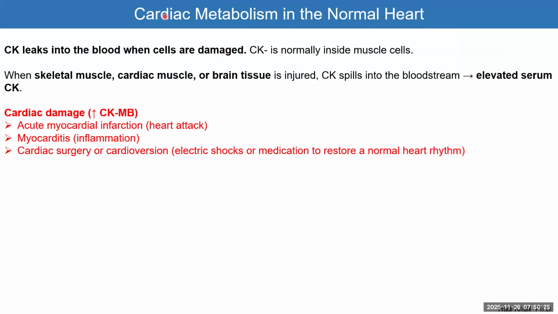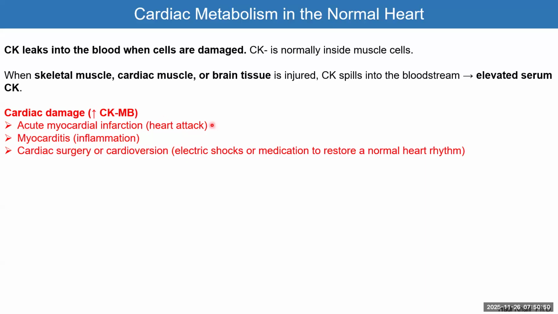Now, creatine kinase leaks into the blood from the damaged cell, as I said, and it's elevated in the serum. Bear in mind that there are a few forms of creatine kinase. There is a skeletal muscle form, a cardiac muscle specific form, and a brain specific form. So when we look for damage in the heart, we want to make sure we are looking for the cardiomyocyte specific one.